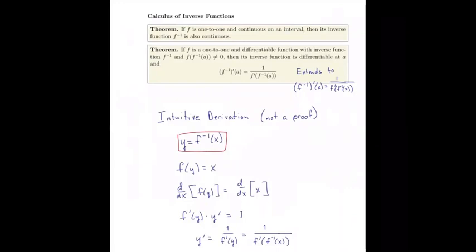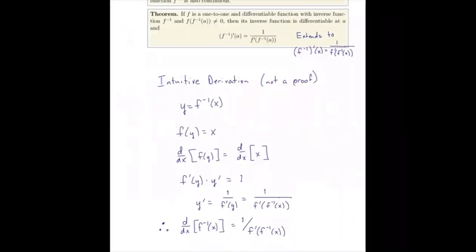So what I write down first is y equals f inverse of x. So I've got an inverse function, f inverse of x, and of course it's the inverse of the function f. But what I know about my relation for inverses, or the definition of this inverse, is if y is equal to f inverse of x, then f of y is equal to x, right?